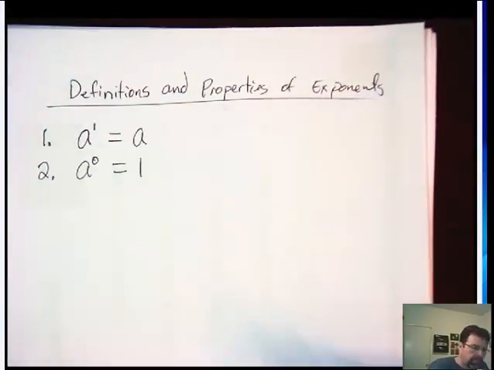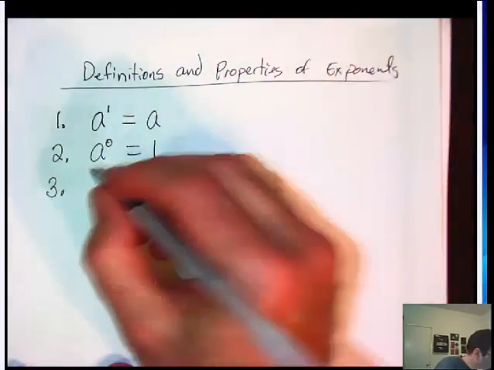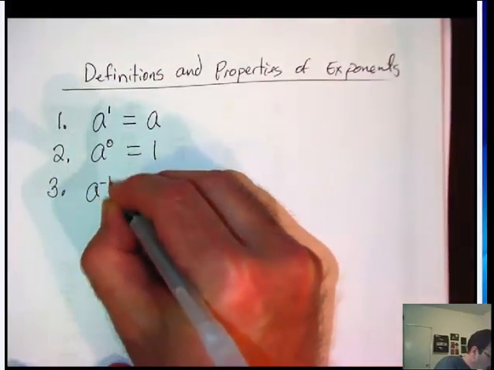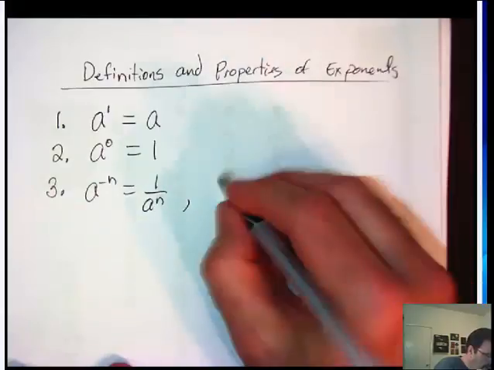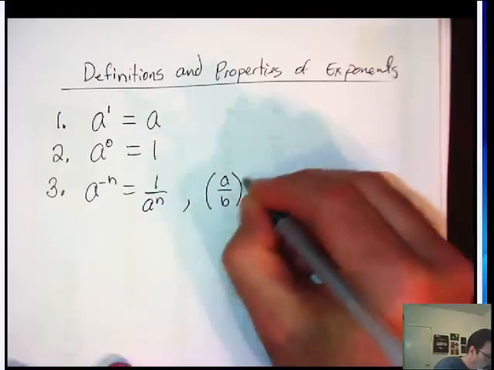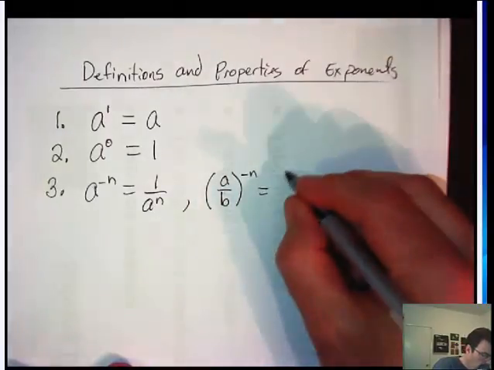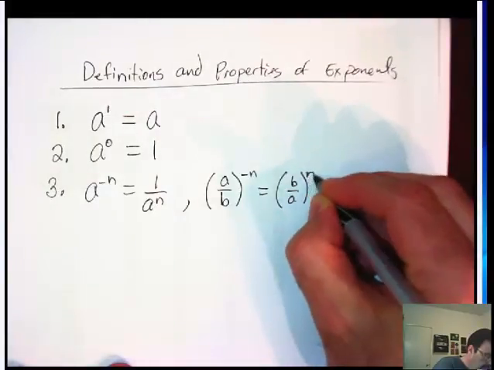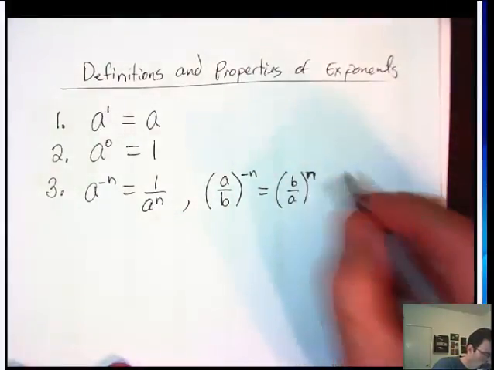Any number to 0 is 1. We have negative exponents: 1 over a to the n. An alternate way you can think of negative exponents: if you have a fraction to a negative exponent, the negative flips the fraction over, and then that changes the sign to positive.